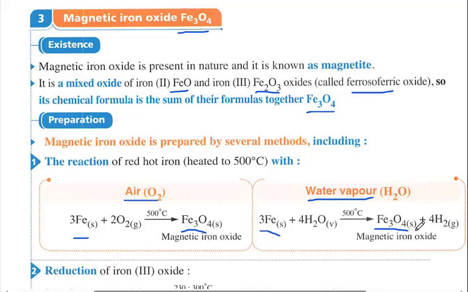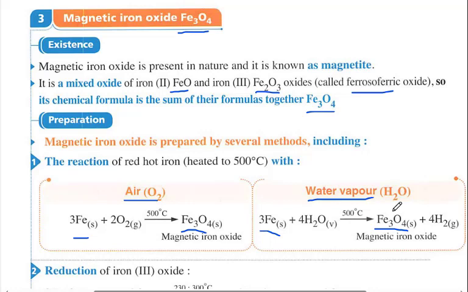You can consider it as two methods of preparation: heat the iron until it gets red, or heat it to 500 degrees Celsius, and react it with oxygen of air or with water vapor to form, in both cases, magnetic iron oxide.